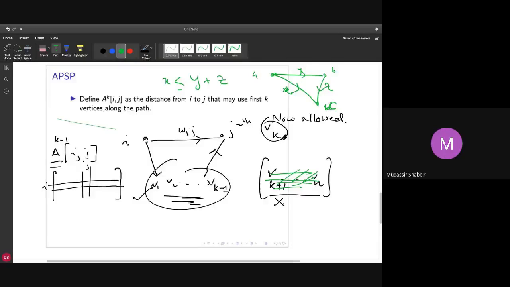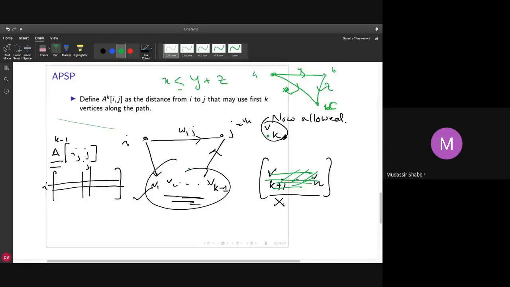To compute the distance from I to J, there are two options. One option is that we actually don't use this vertex Vk. The shortest path does not go through Vk. If it does not go through Vk, then A of k ij is actually A of k minus 1 ij. If the shortest path does not go through k, it is going somewhere within these vertices, which we have already computed.